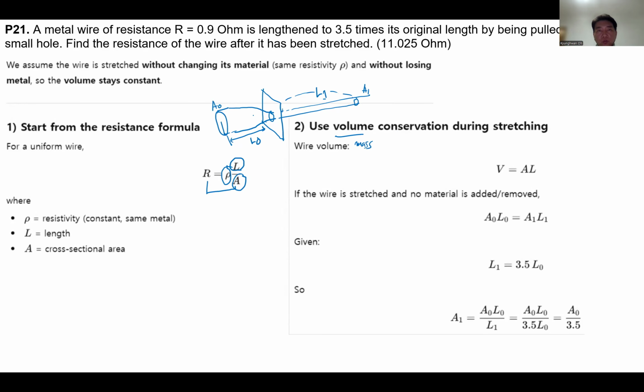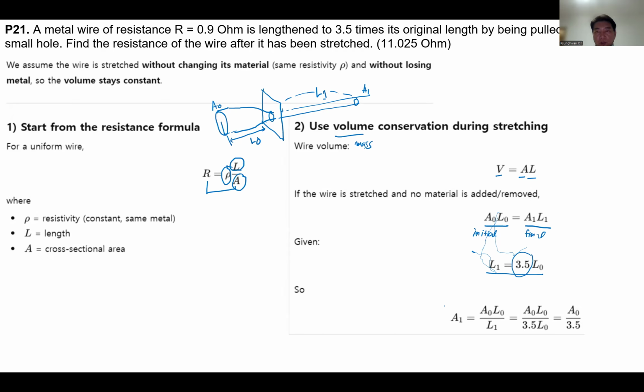So the initial volume should be the same as the final volume. And volume is given by area times the length. So we have A0 L0 as the initial and A1 L1 as the final. Such that, we note that L1 is lengthened by 3.5 times.